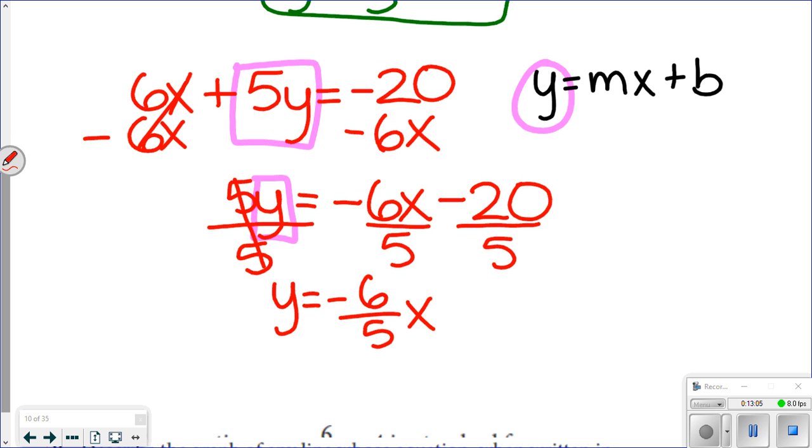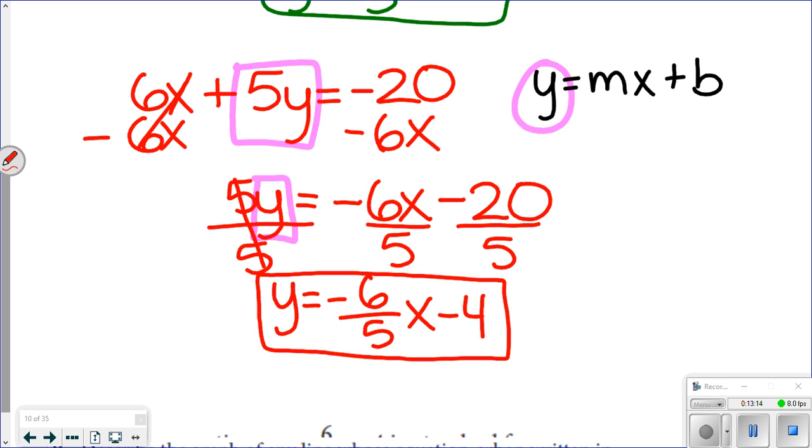Negative 20 divided by 5 reduces or simplifies to negative 4. What's the slope here? Negative 6 over 5. And what's our y-intercept? Negative 4. Good job.